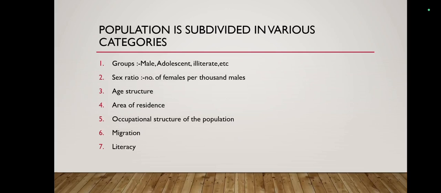The third point is age structure. In a region, when the population is subdivided as per the age groups, this is called the age structure of the population. Age structure is useful for the projection of population and for understanding the dynamics of the age structure arrangement. Similarly, it also helps in understanding the proportion of active and dependent population.